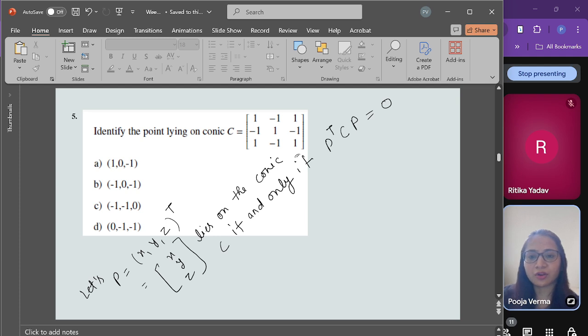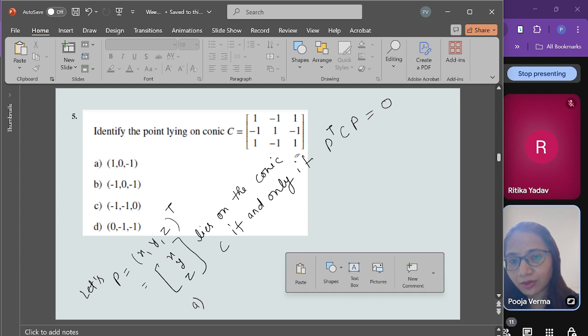If not, then it is not lying on the conic. I am calculating option A first, and then I will wait for 2 minutes. You need to solve this question and let me know which options are the correct ones. I am just doing one so that you are able to do the rest.